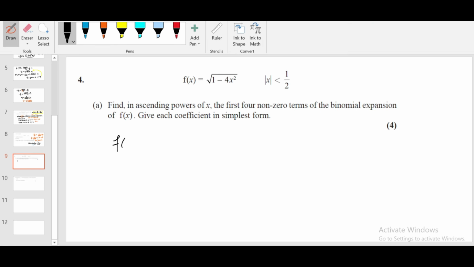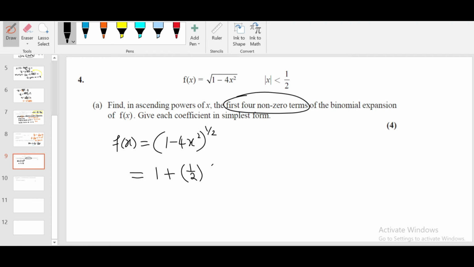Question number 4 from binomial expansion. f of x is equal to 1 minus 4x square to the power half. We need to find the first 4 non-zero terms. Apply the binomial expansion. If you don't know the binomial expansion, look at the data booklet. 1 plus nx, n is the power, x is the second term.